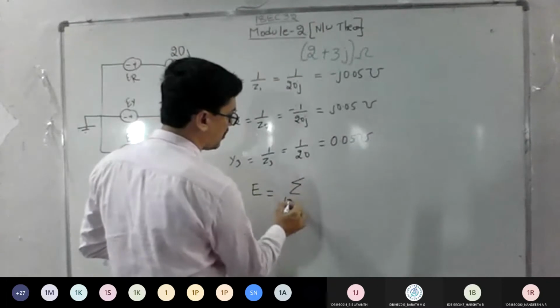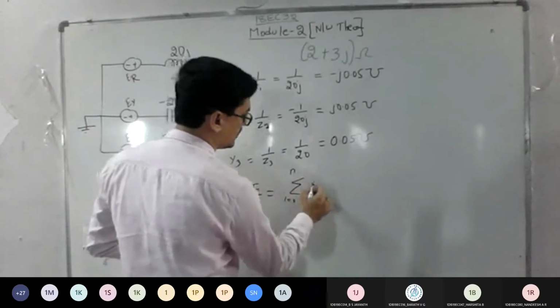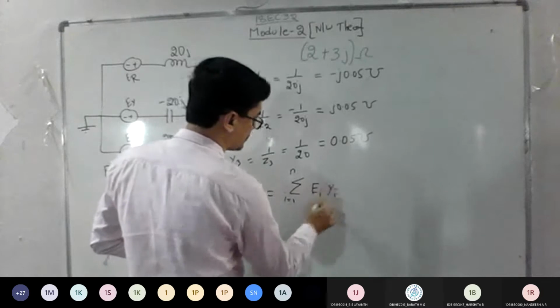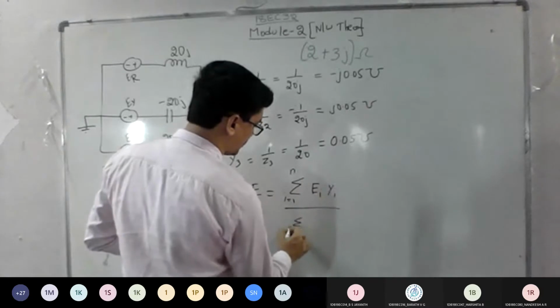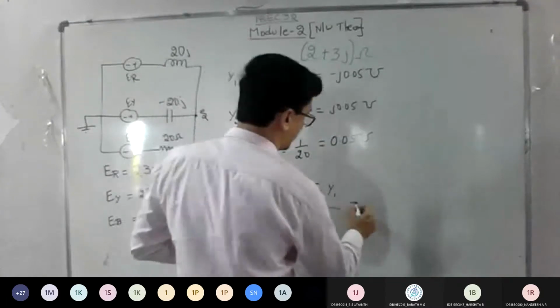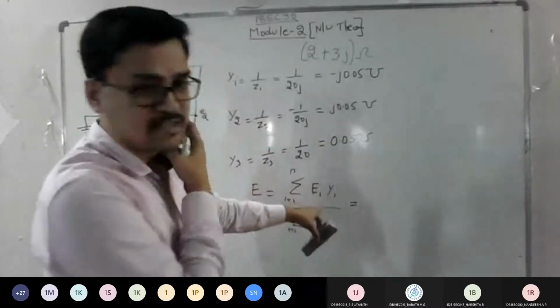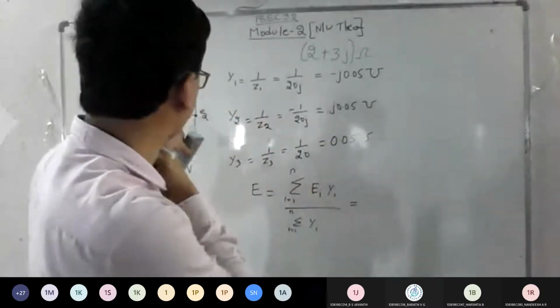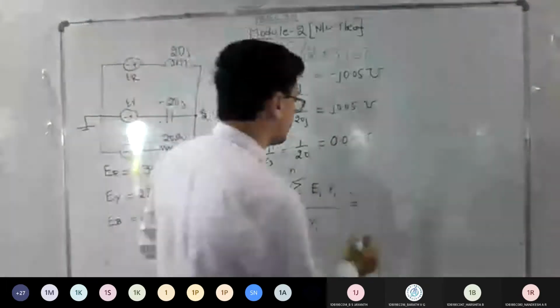So you need to write the formula also. So don't write the direct answer, everyone. First write the formula. After writing the formula, you try to expand it. So E equals E1 Y1 and so on. They are given in terms of ER, EY and EB. Stick to the same thing.